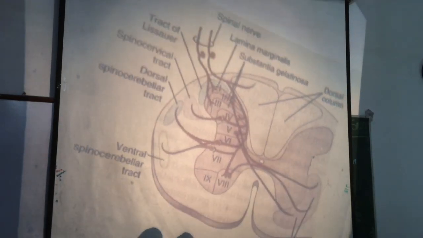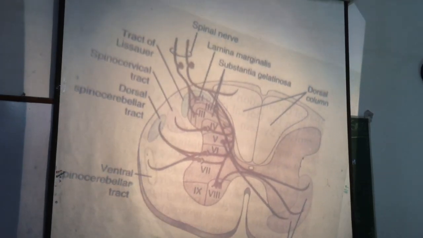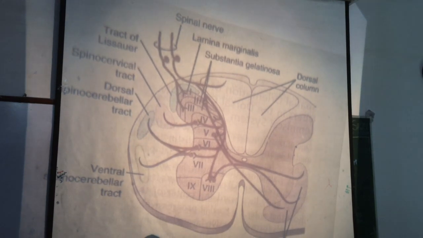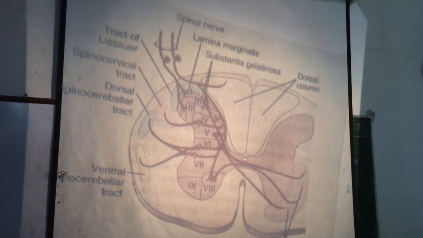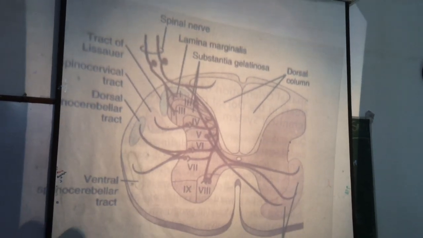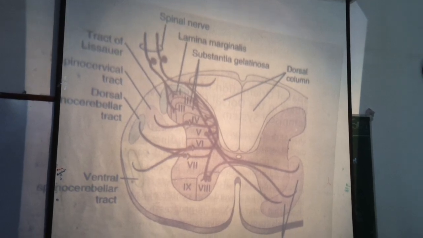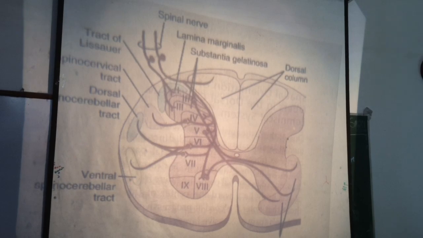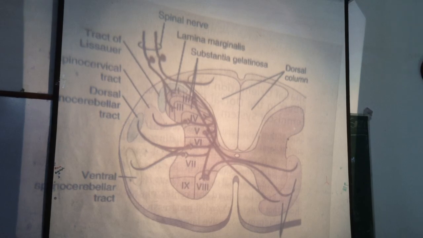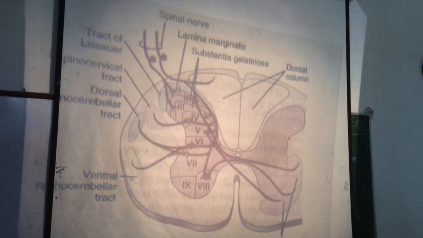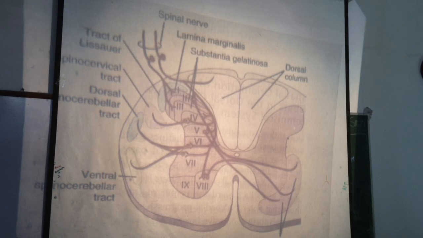Now in the ventral horn, two types of neurons are present. The first one is alpha motor neurons. These neurons are large and multipolar.